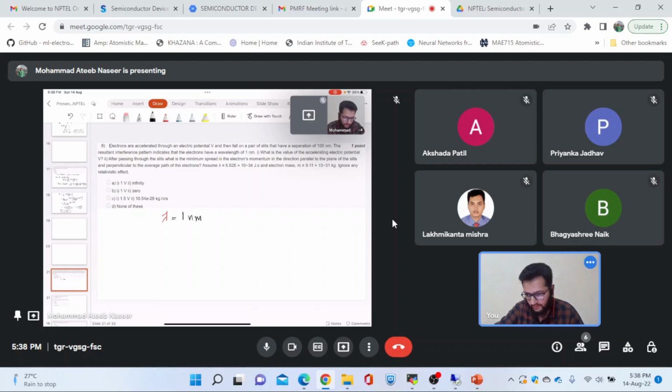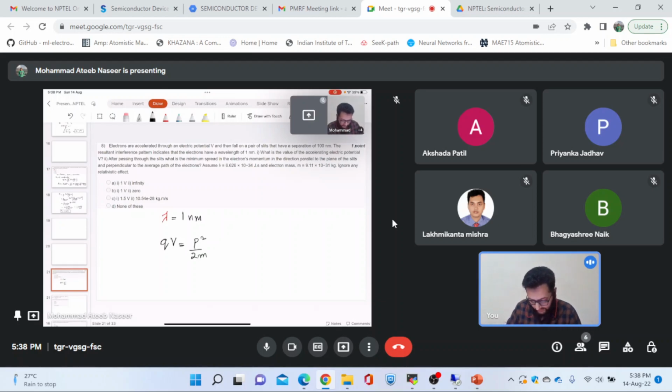I will use the energy balance: the potential V will reflect in terms of the kinetic energy of these electrons. So Q times V, the energy provided by the external potential with magnitude V, will simply be equal to P square by 2m.